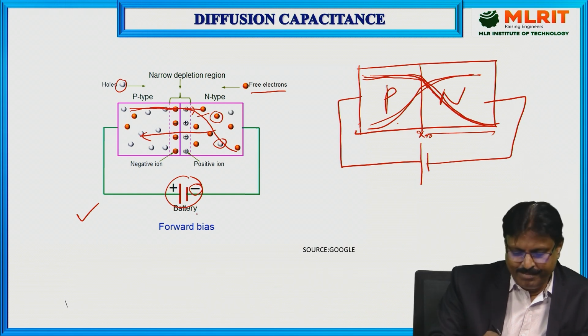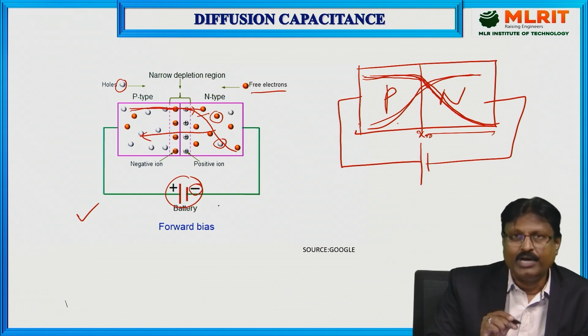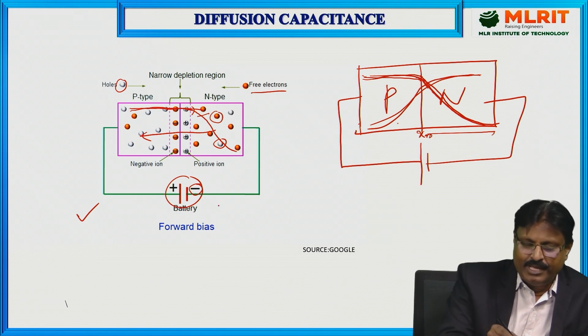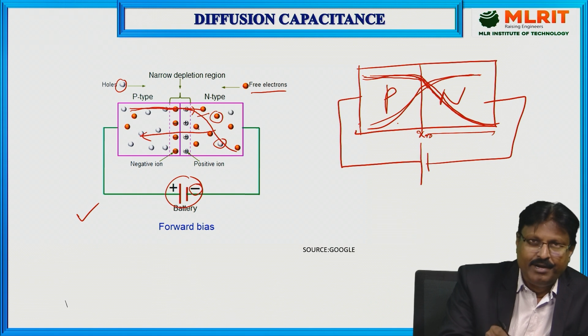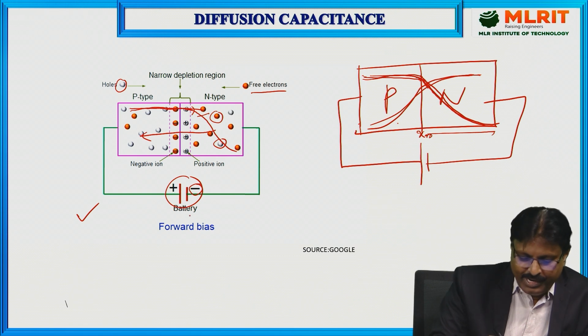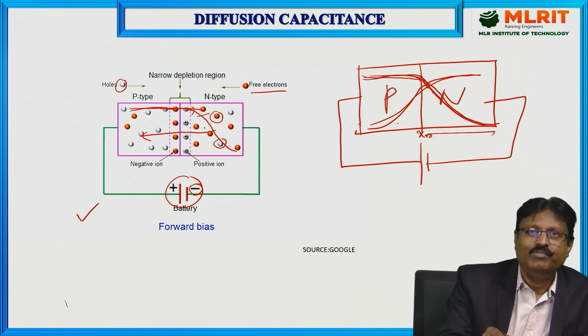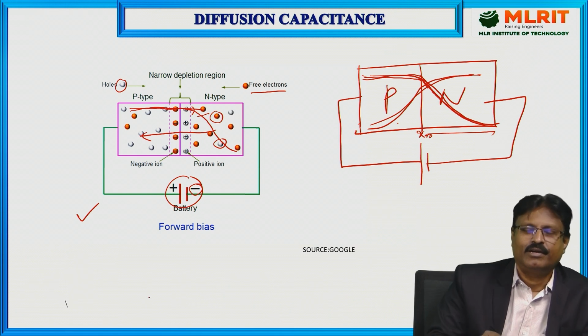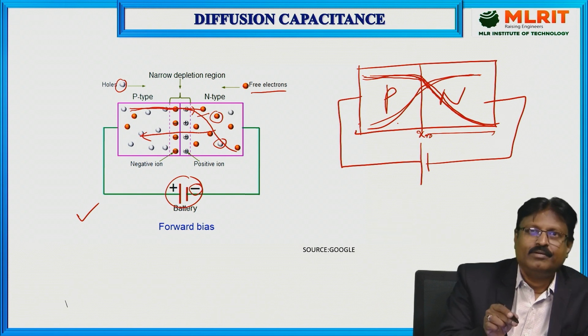So whenever you go on increasing the forward biasing voltage, the injected stored minority charge will be increased. Whenever you increase the voltage, the amount of charge increases. That type of charge is called injected stored minority charge.